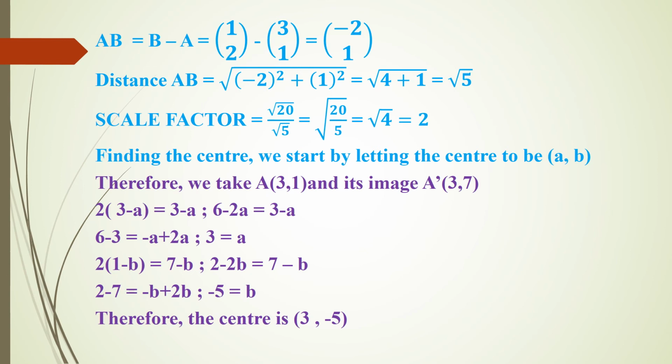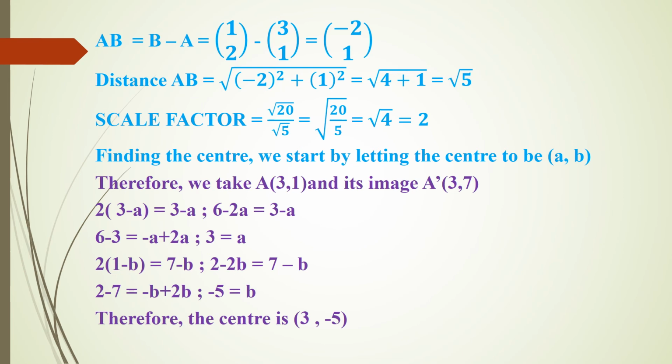Remember, 1 minus b gives us the object distance, that's the distance of point A from the center. Then if we multiply it by 2, it gives us the image distance, which is 7 minus b.